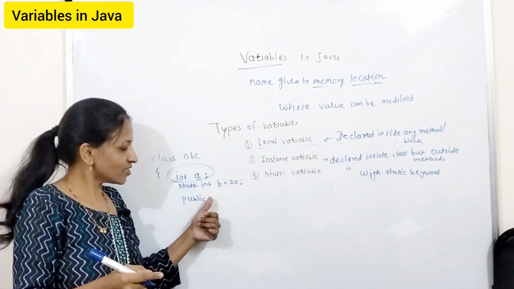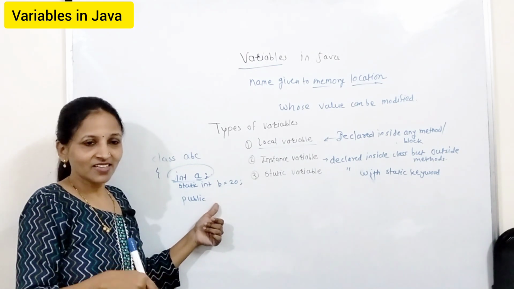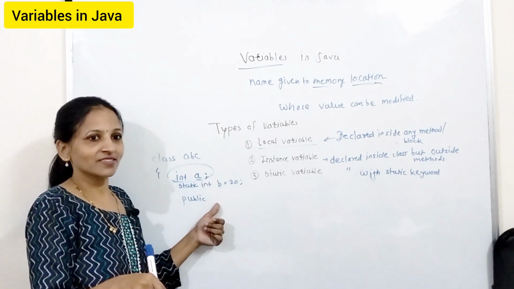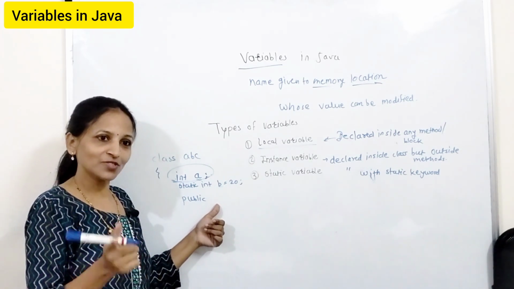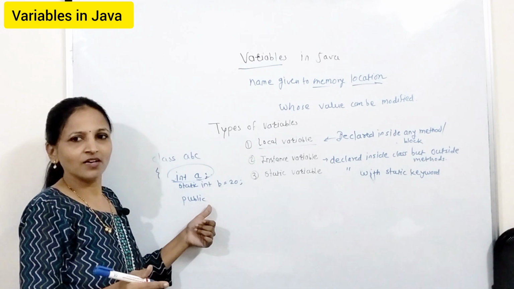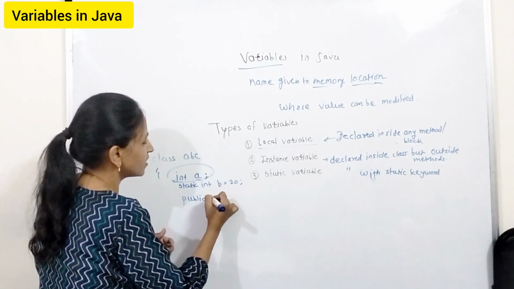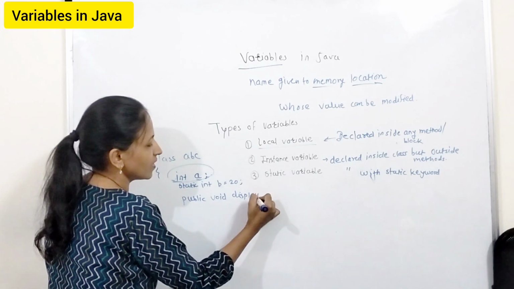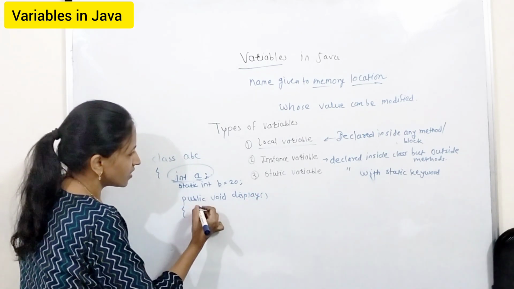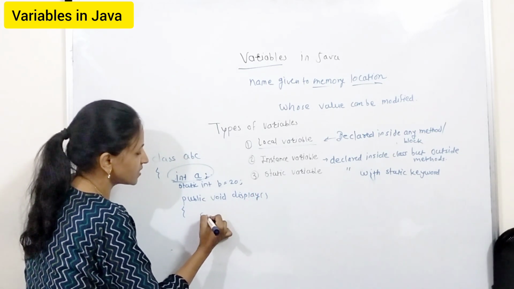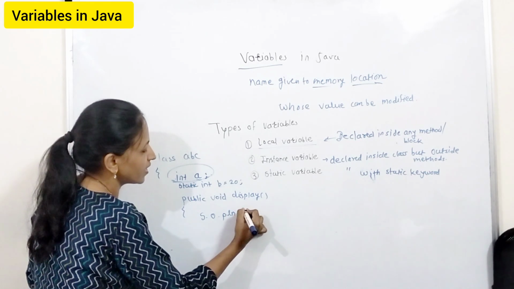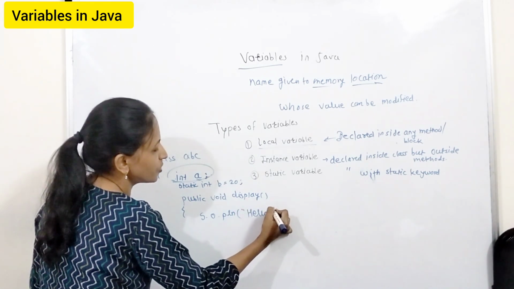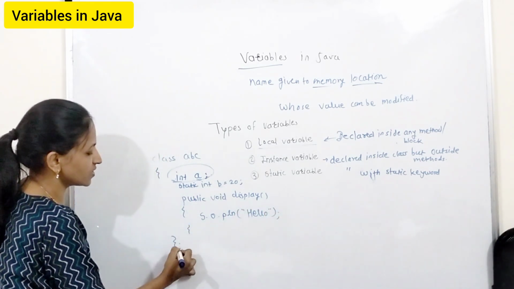If you are writing static here, then that will be a class method, and that you have to call using class name dot, just like a variable. Here I am writing public void display. And here I am writing simply System.out.println hello. This is not main. And I am closing this class.